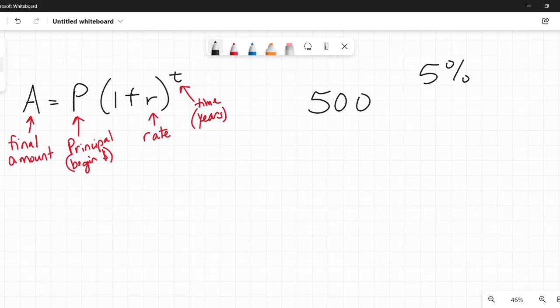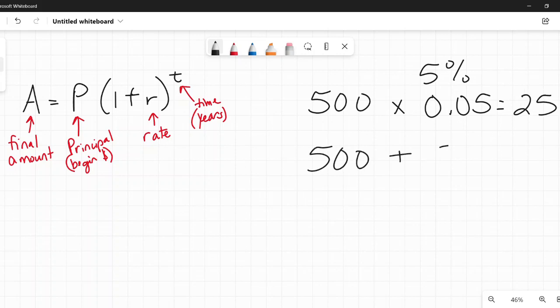And you say, I want to figure out how much money I'm going to make every year. 5% compounded annually. Okay. So, all right, the first year I would multiply by 5%, but I'm going to change that into a decimal. And that means I'm going to make $25. So at the end of the first year, I have 500 plus 25 or $525.